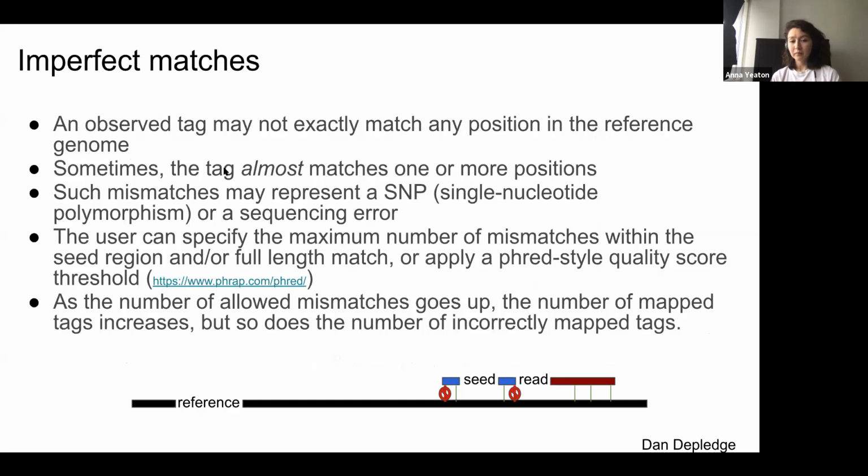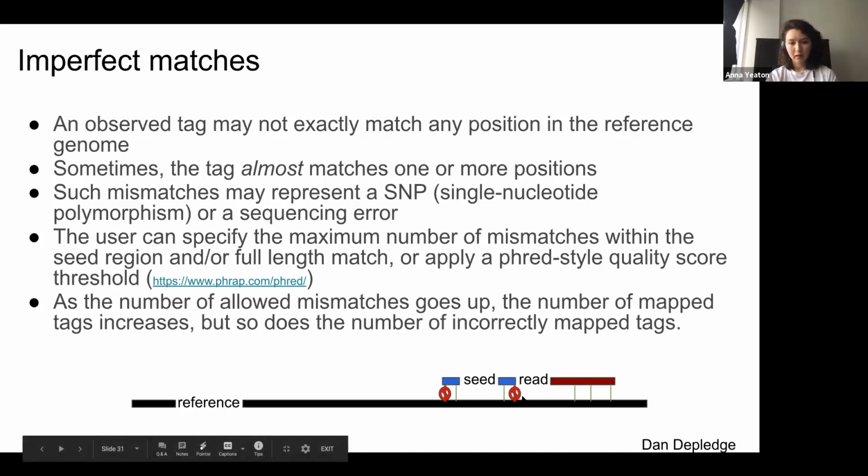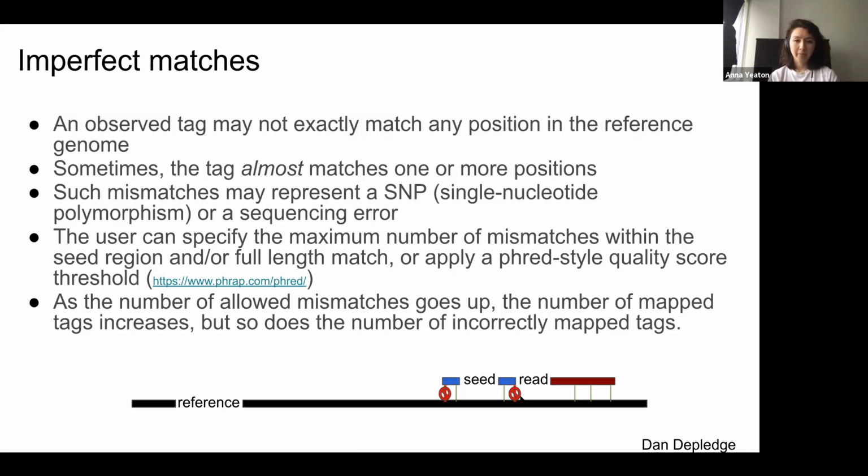Okay, but like I said, the reads can have a lot of errors in them propagated through. So your read might not match exactly to the reference genome. So here I have in red regions where the read doesn't map to the reference. But sometimes it almost matches, like there's one mismatch or two mismatches. And this is where the different flags and the different parameters that you use when you run your alignment step really matter.